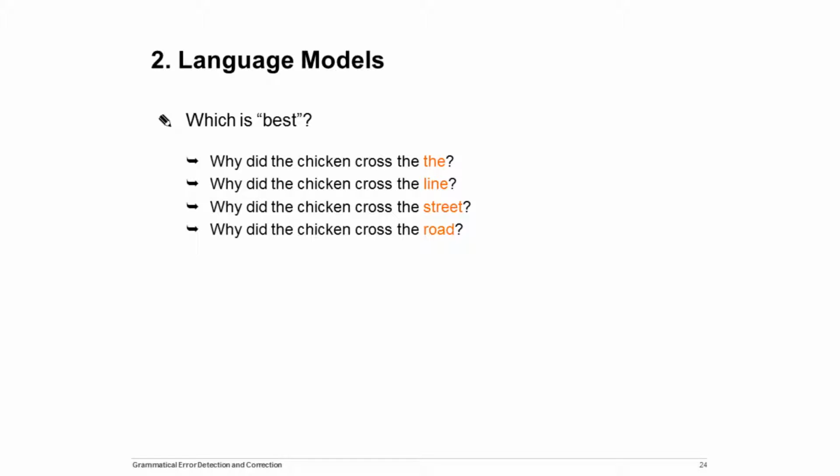So, second one, language models. This time I get to ask you a question. Which of these is best? Well, it's kind of a hard question to answer. So it sounds better. So, number 3?